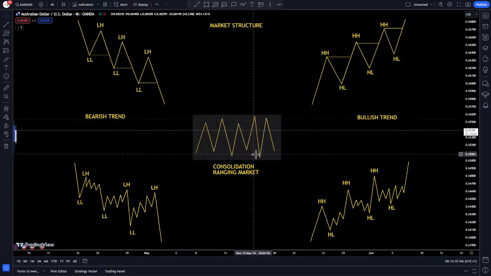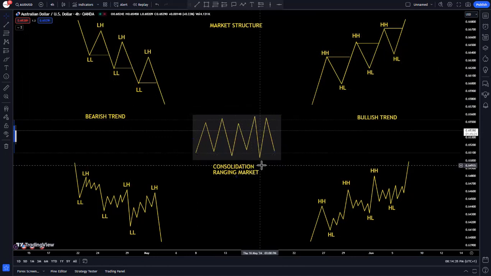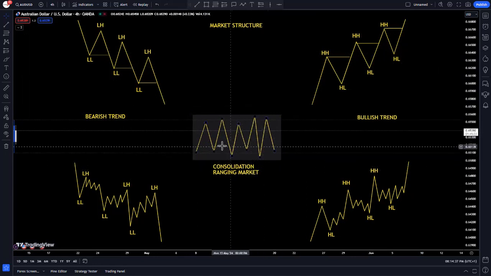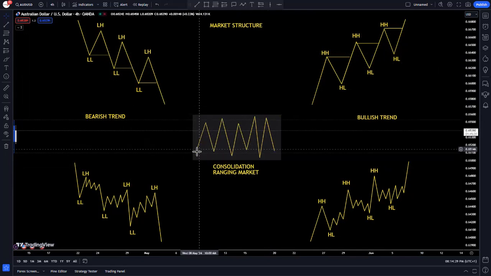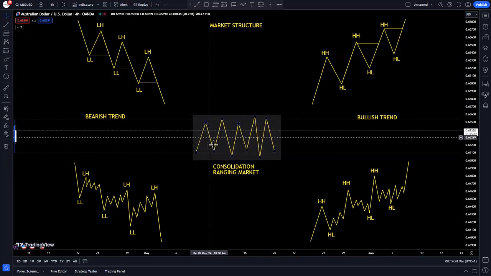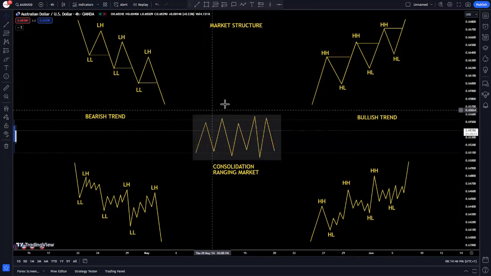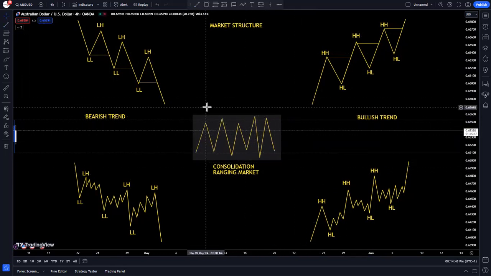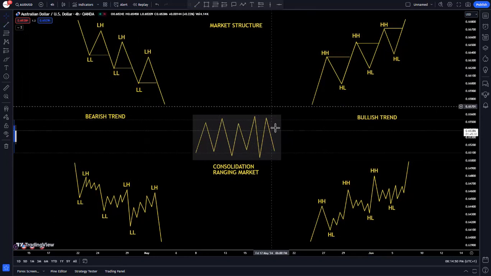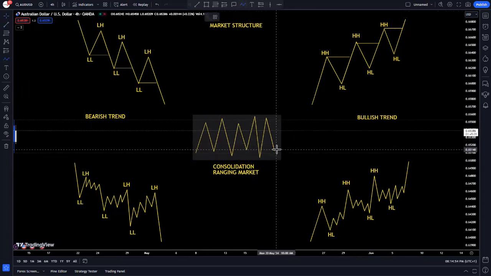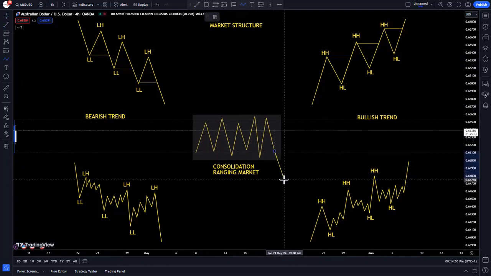Now, this is the consolidation ranging market, which we all know as a sideways market. The market is just having high, low, high, low, high, low in one direction. You can see it's inside this white box, not able to break out going up or going down. Because if the market was able to break down here, then we know we're having a trend in a bearish market.